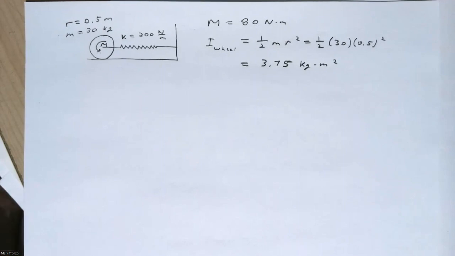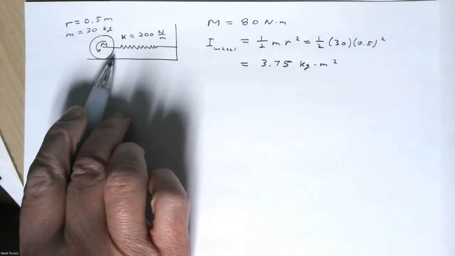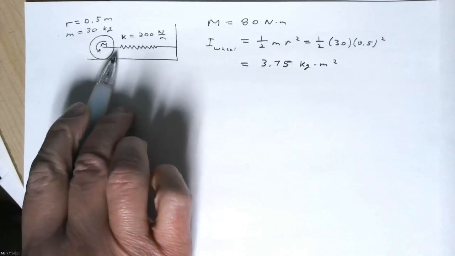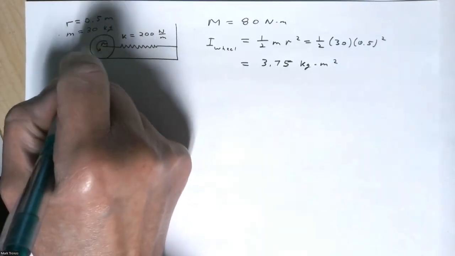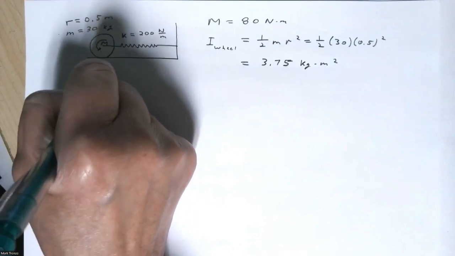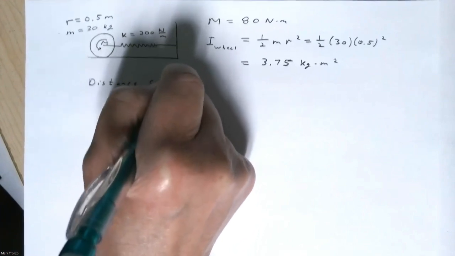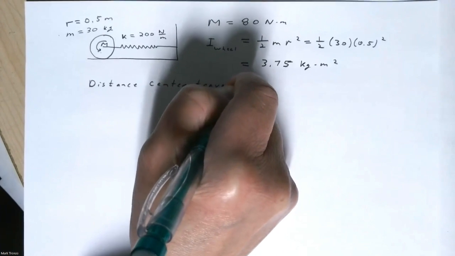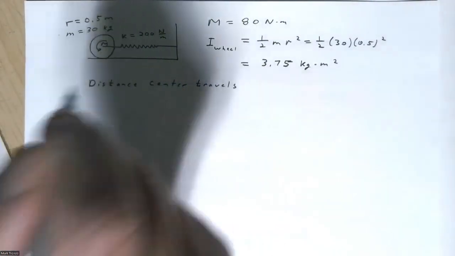And then, so we're going to have to find out how far, again, the center moves. And so the question is, how do we relate the motion of the center of this to the angle? So let's say the distance the center travels. You can actually think of it this way.